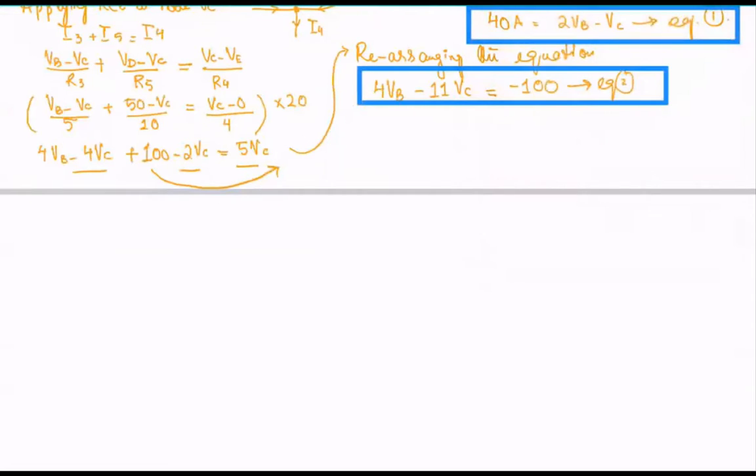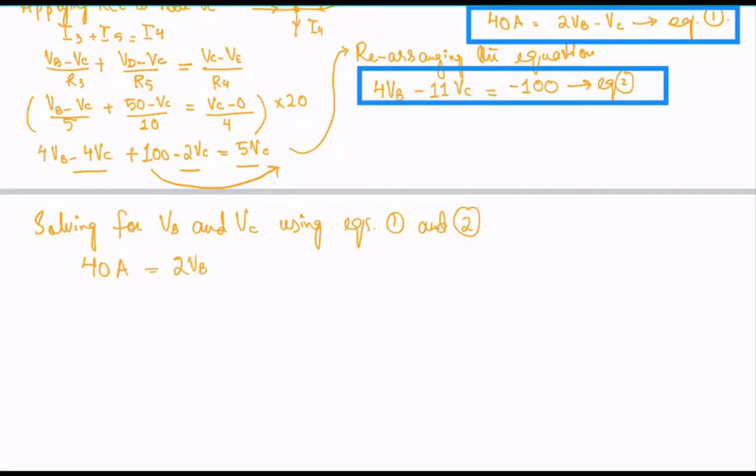So, solving for VB and VC using equations 1 and 2, I'm going to put those equations on top of each other here. So 40A, again, remember this is 40 amps, equals 2VB minus VC.